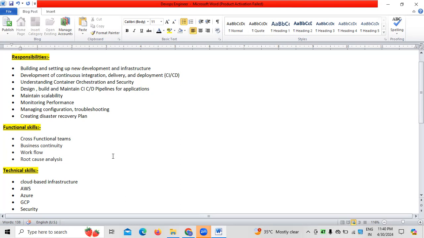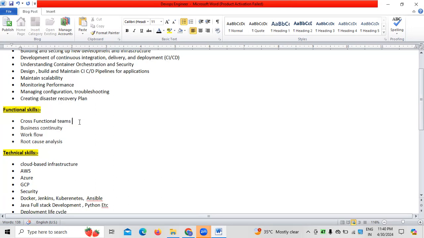Now, when it comes to functional knowledge, you need to have an understanding of cross-functional teams. Because most of the time nowadays, as far as stakeholder engagement is concerned, understanding cross-functional teams is essentially required. At the same time, we need to have a complete understanding of our business continuity workflows.